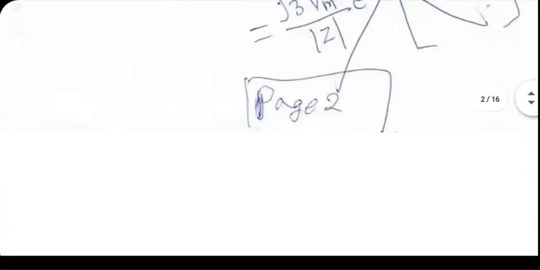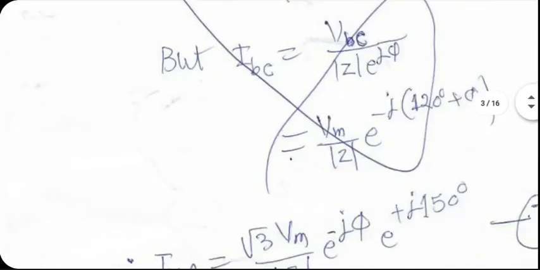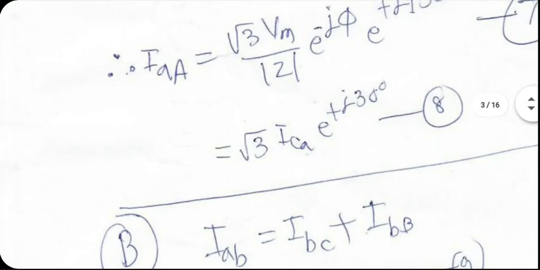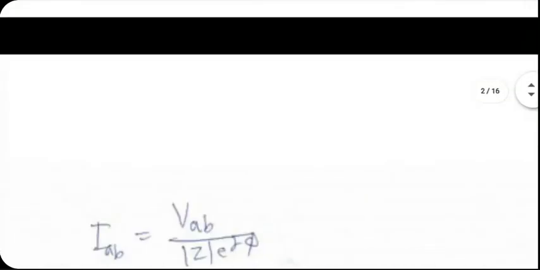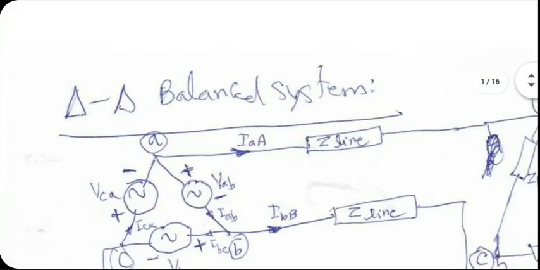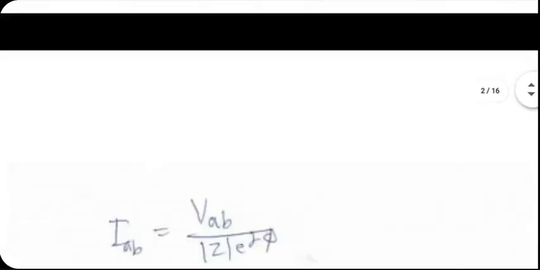I made a mistake also in simplifying, but I corrected myself, I think. IA turns out to be square root of 3 times ICA and a 30 degree phase angle. This is what the first line current turns out to be.